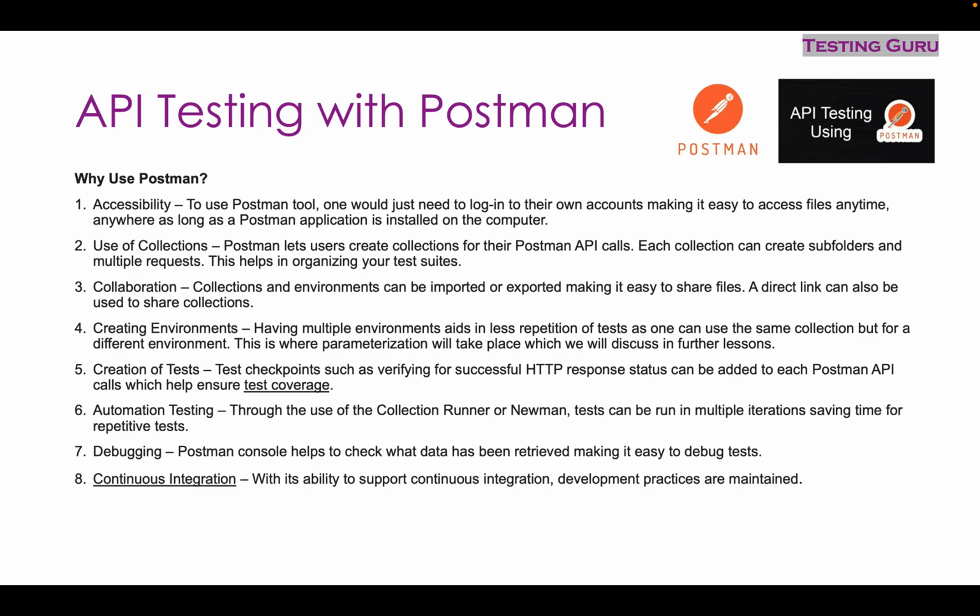Like we can check what went wrong or what is making that API test fail. So we have a debugging console where we can check the reason why the API is failing in Postman. Okay, so it also allows continuous integration, with the ability to support continuous integration and development. So these are the main reasons why we use Postman.